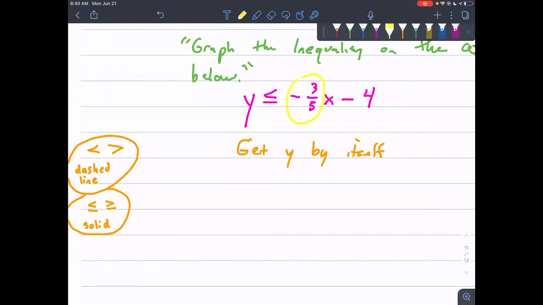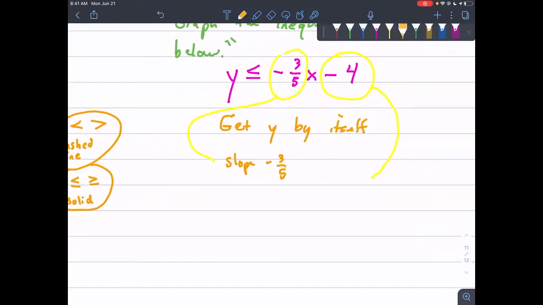So this is the slope, -3/5. And then this point here, the -4, that's the y-intercept. So that's going to be 0, -4.